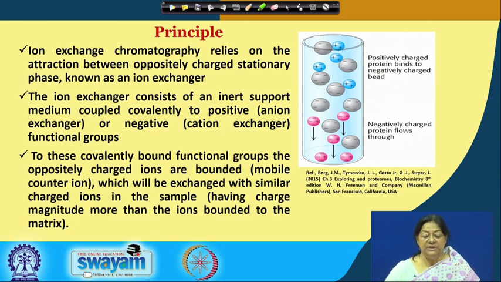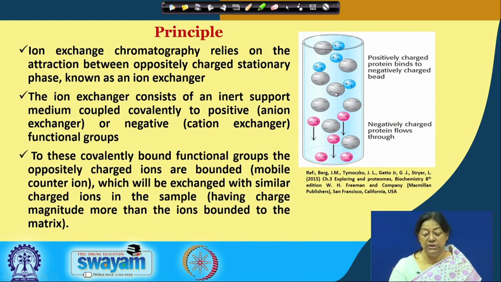Now, what happens in ion exchange chromatography? The property that we are exploiting is the charge. So, it relies on the attraction between the oppositely charged stationary phase and the protein. If we have negatively charged beads, as we can see here, the positively charged protein will bind to the beads. And what will happen to the negatively charged proteins?